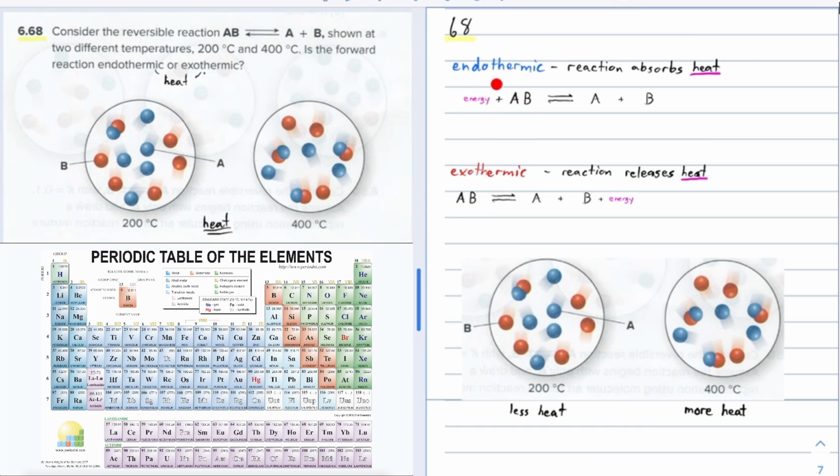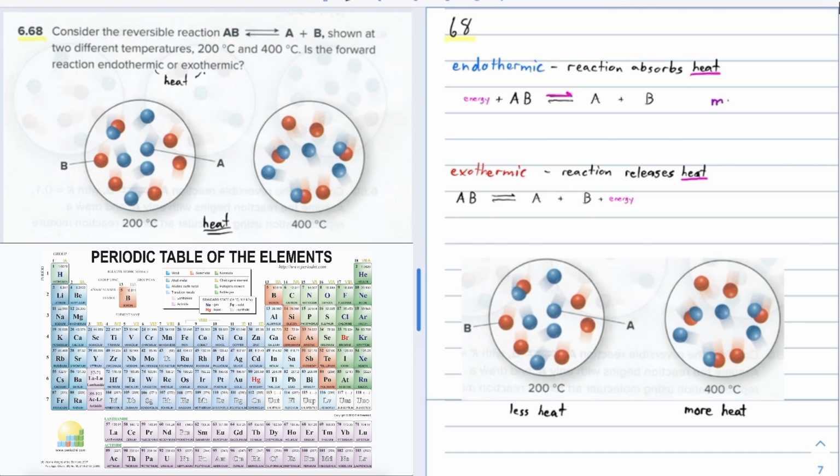When you have an endothermic reaction, it absorbs heat. Heat is a requirement for it to go forward. And so if you give it more heat, it's like you're giving it more reactant material and it will produce more products. So I'll write that over here on the side.